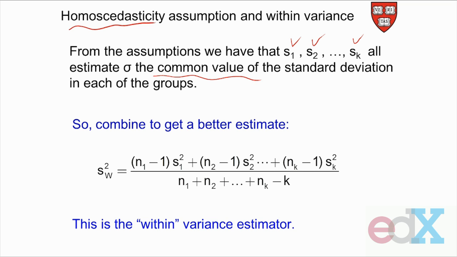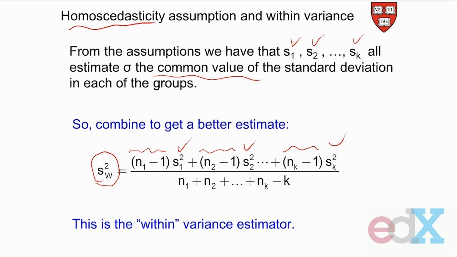So why don't we just combine them together and form what we call the within estimate of the overall variance. It's just looking within each one of these k samples, give me an estimate of the variance, and then I'll combine them. But I'll do a weighted one, because if some n's are small and some n's are large, I want to give more weight to the large ones than to the smaller ones.